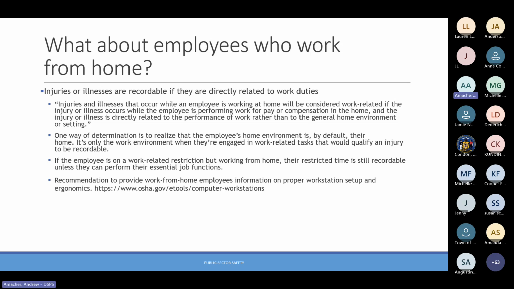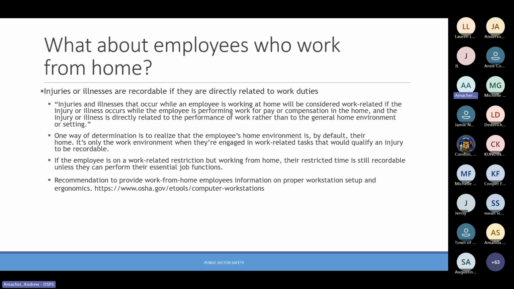So if you have an employee who, say, tripped and fell in their house and broke their leg, that is part of the home environment, which by default is not under the purview of an employer's responsibility per se, and therefore it is not directly related to their work requirements.